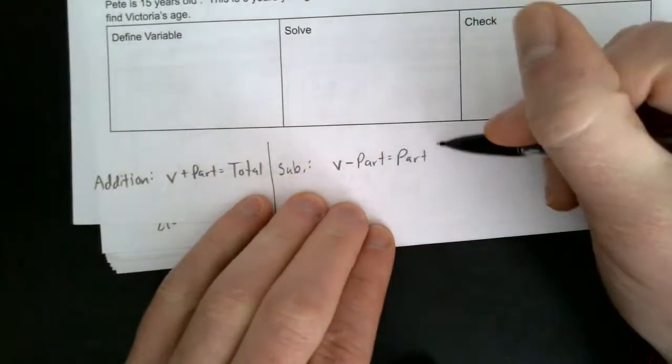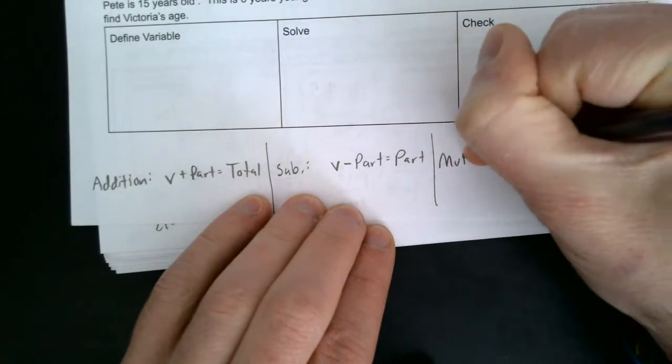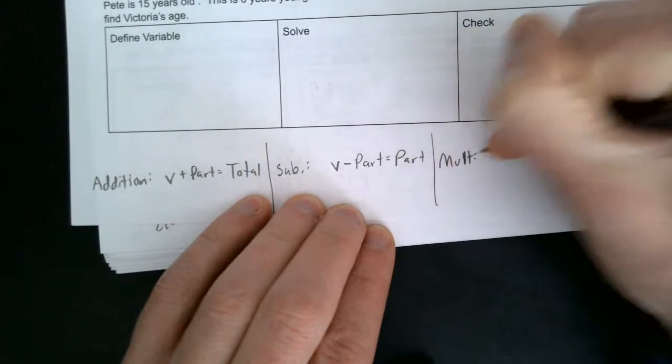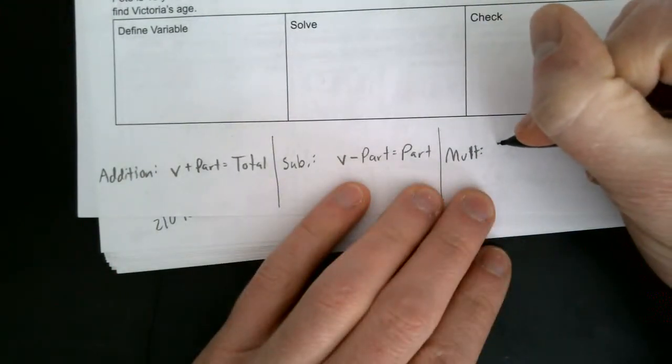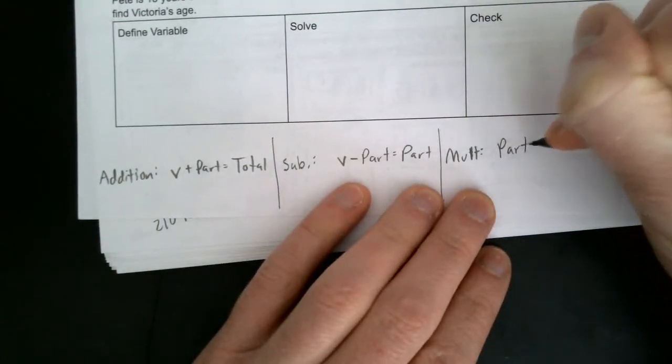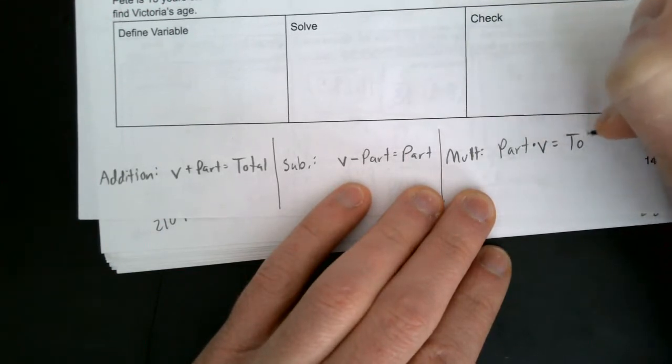Okay? All right. Well, multiplication is going to be the part, that's the number, times the variable equals the total.